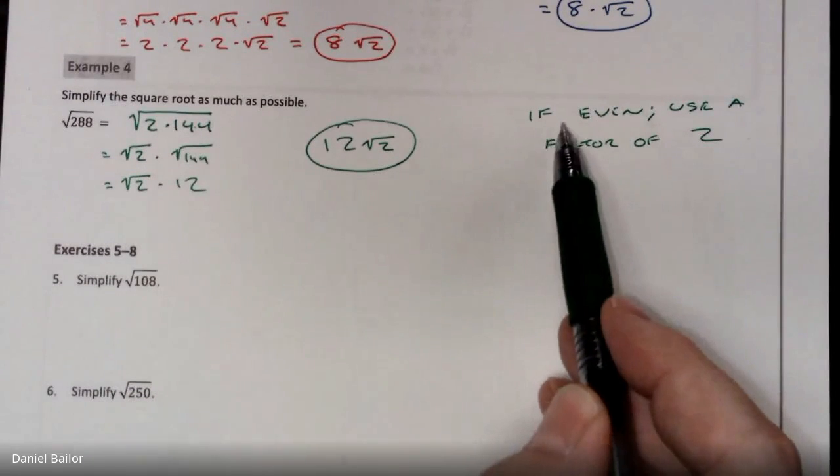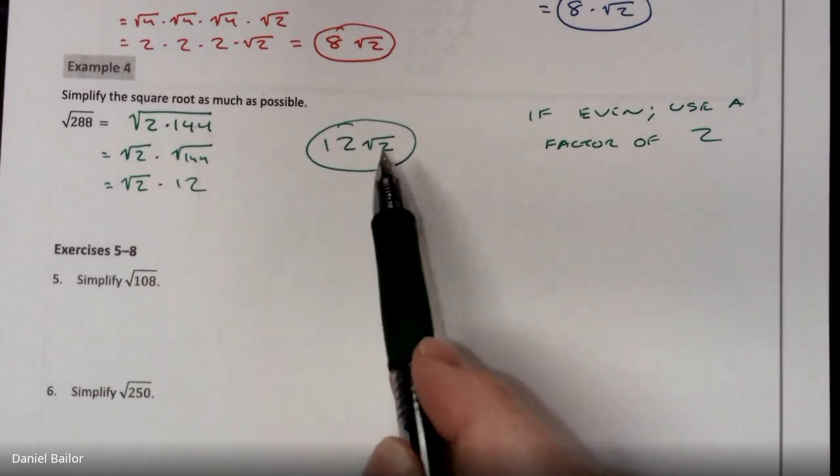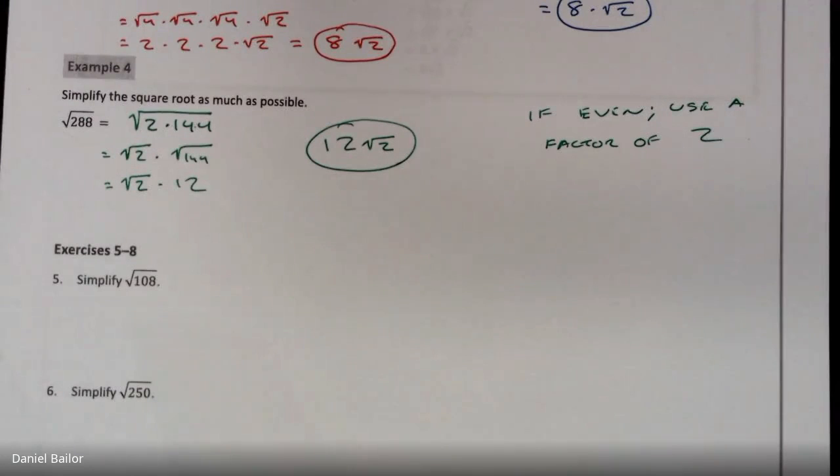Okay, that's one of your factors. If it's even and you're stuck, one of your factors is 2.